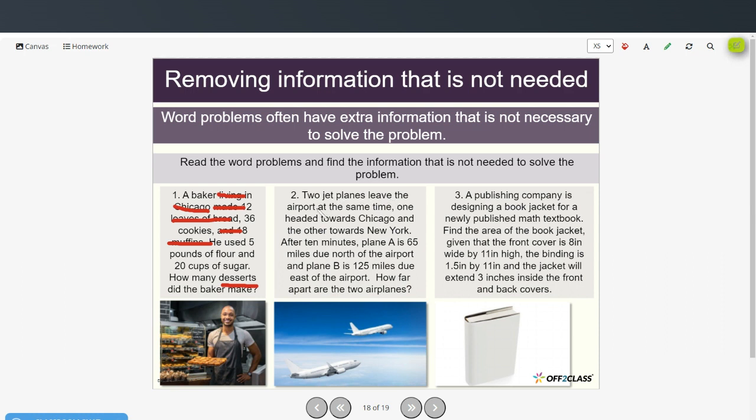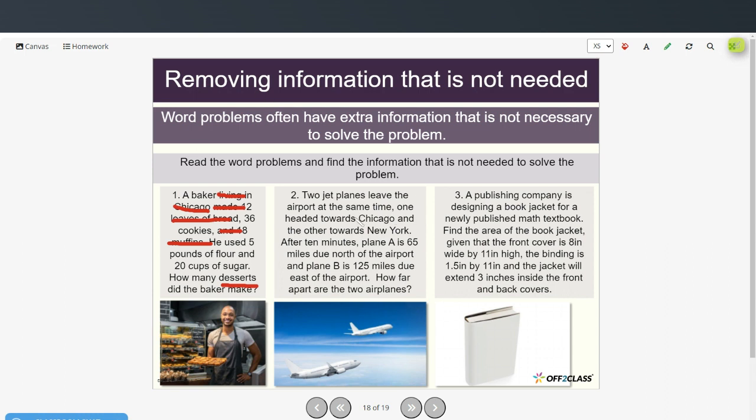2 jet planes leave the airport at the same time. One heads towards Chicago and the other towards New York. After 10 minutes, plane A is 65 miles due north of the airport, and plane B is 25 miles due east of the airport. How far apart are the 2 airplanes?